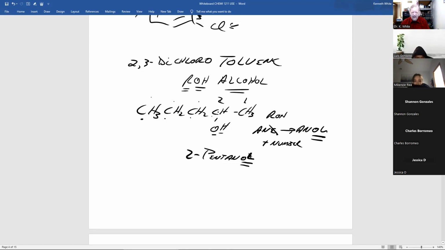Find the longest chain that contains the hydroxyl group. Name it as an alkane. Drop the E, add OL, then a number. 5 carbons, pentane, drop the E, add OL, pentanol. It's on carbon 2.